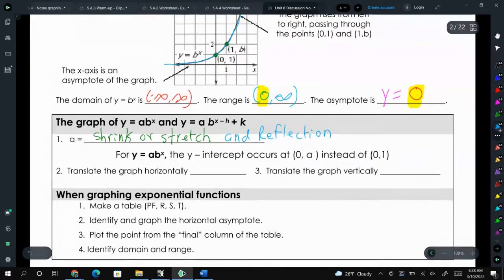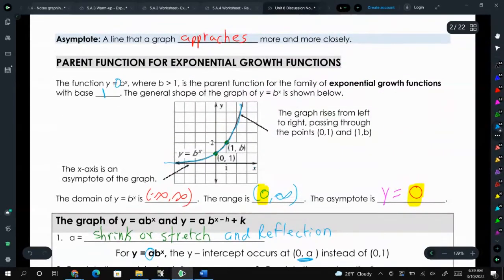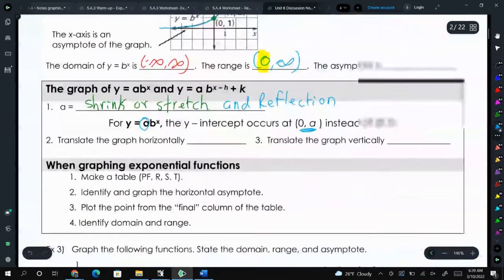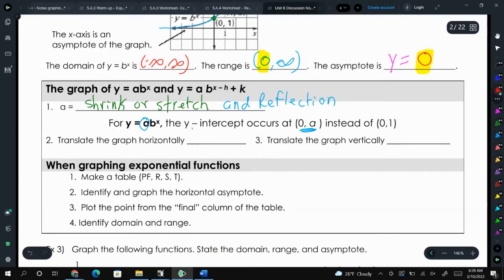And as we talked about on the first page, if you have a number out in front, that is your y-intercept instead of (0, 1). Up here, there is no a value, so it was that invisible 1. We translate the graph horizontally h units, and remember it's the opposite of what you would see. And then we translate the graph up vertically k units, and it's exactly what you see.